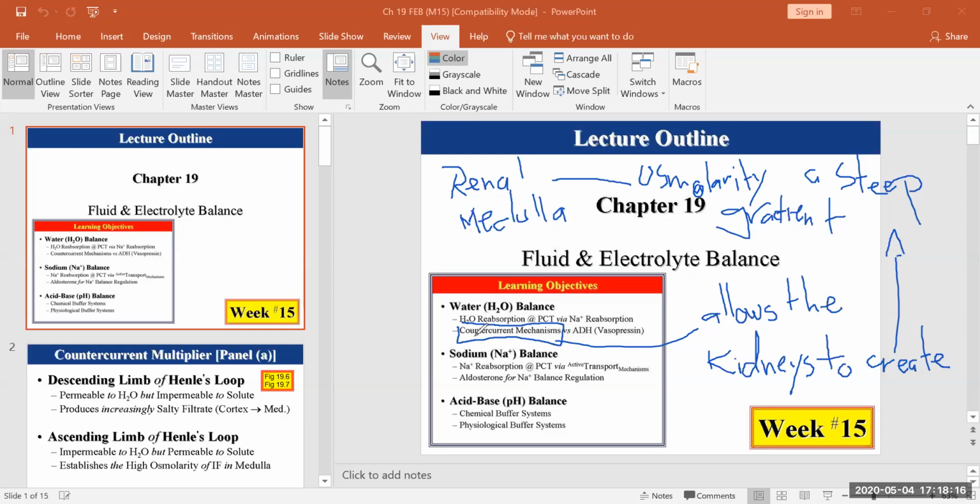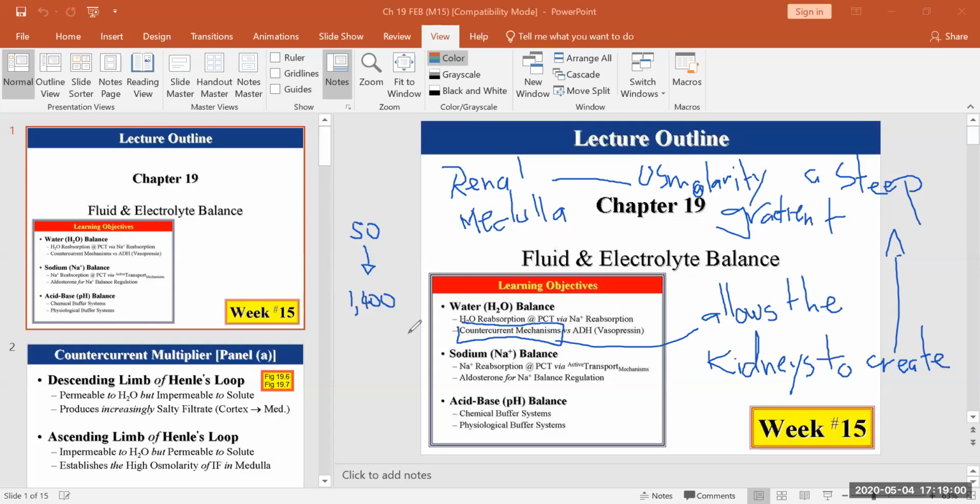This is an important mechanism where the body or the kidneys can balance water, meaning it can concentrate urine when the body is being dehydrated, or if the body is properly hydrated, then the kidneys produce dilute urine. So it can be producing dilute urine like 50 osmol all the way to 1400 milliosmol. So that's a wide range.